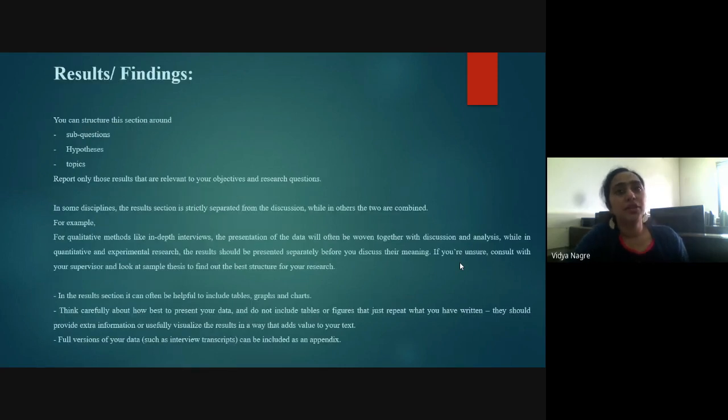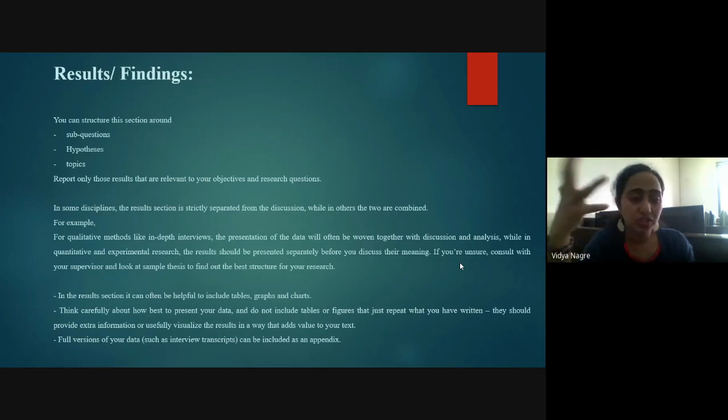Then after you do the analysis, there are two chapters, especially the third and fourth chapters, dedicated to analysis. In some fields of study, they are known as results and discussion. And then goes the conclusion, in which we include findings. It majorly focuses on the sub-questions and hypothesis mentioned in your first chapter.